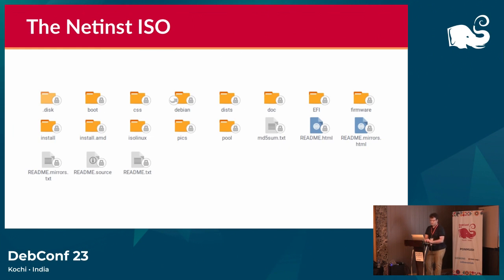This isn't among those, and this is how that one looks. It has similar folders like .disk, boot, EFI, and more files, and a little bit of difference in things, because other than the Debian installer, it has Debian packages that the Debian installer needs to install onto the target.